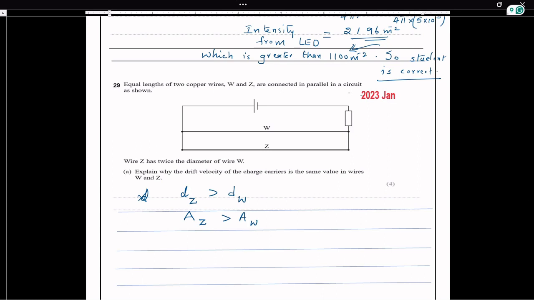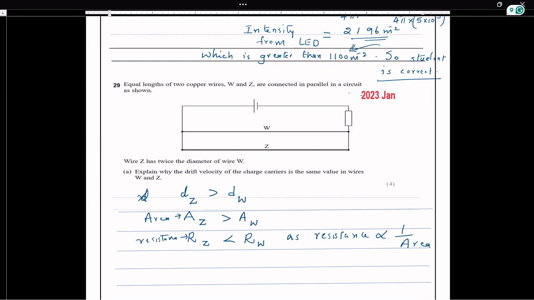So from this we can say that the resistance of Z will be less than the resistance of W, as resistance is inversely proportional to area. R is resistance.